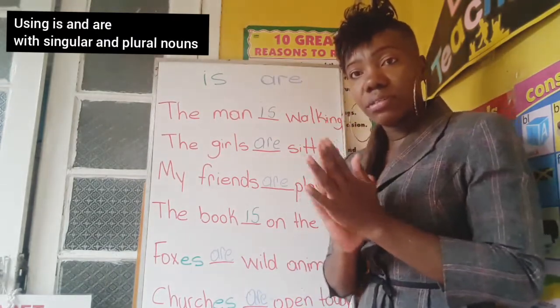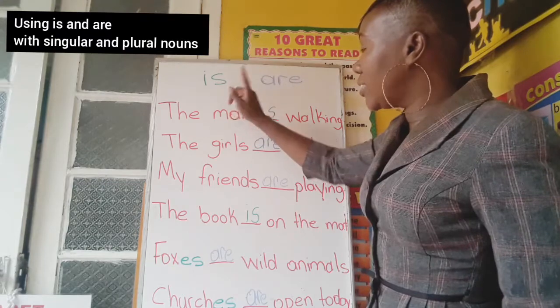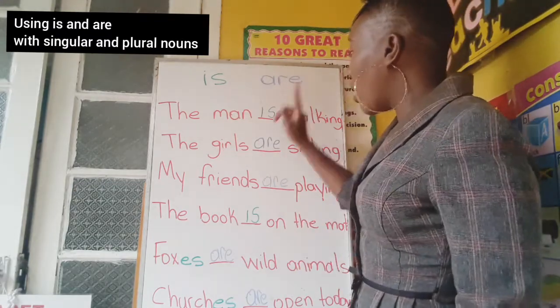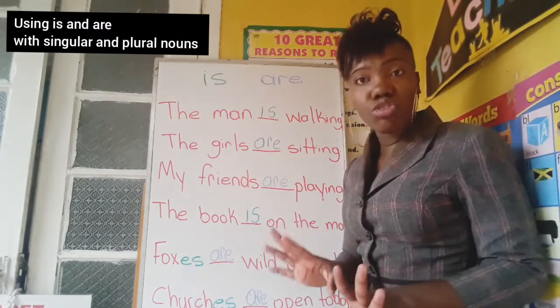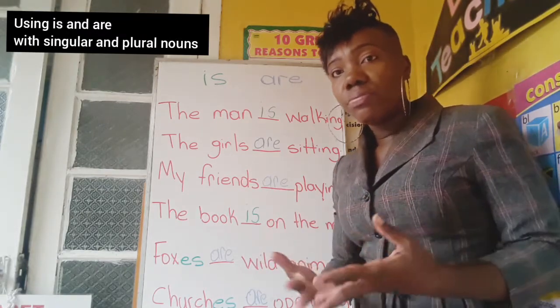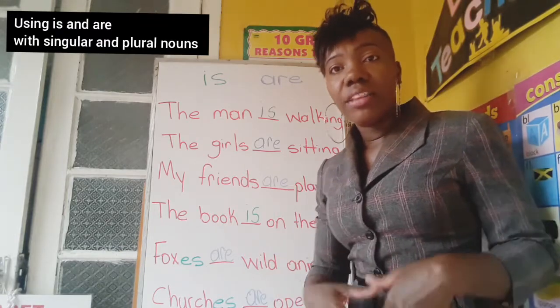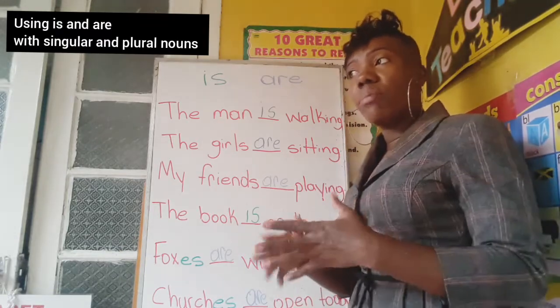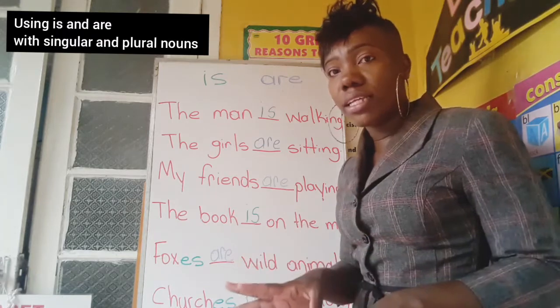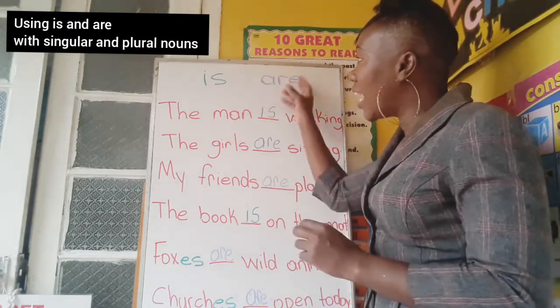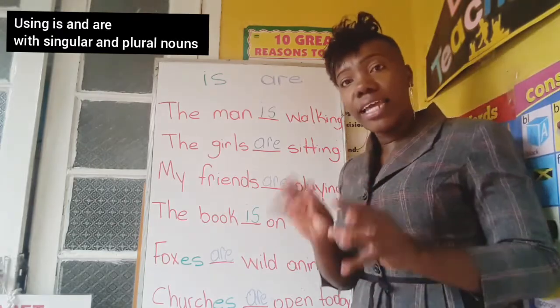Great job. So we use is when the noun's singular. And we use are when the noun's plural. So that is how we use is and are. There are other times that you're going to learn about is and are doing other things. But for now, boys and girls, we're going to focus on is and are using in sentence.